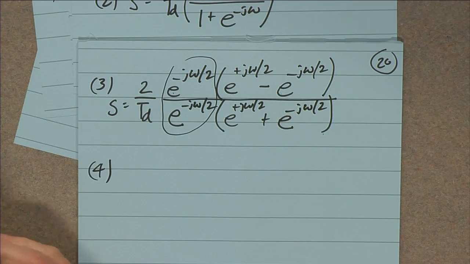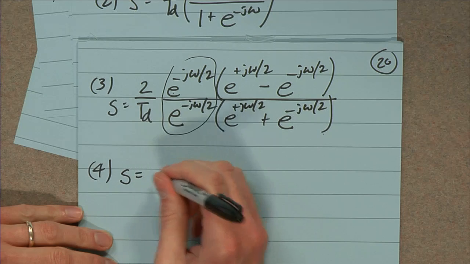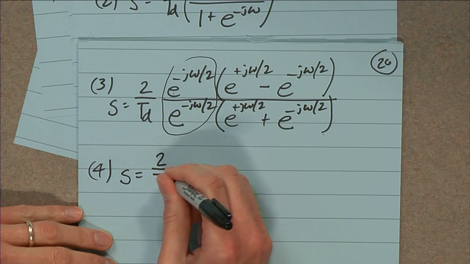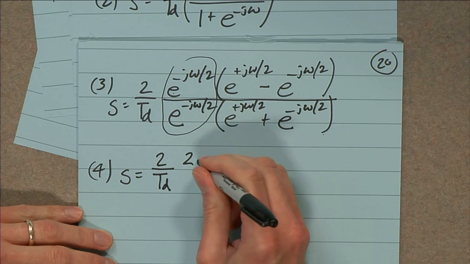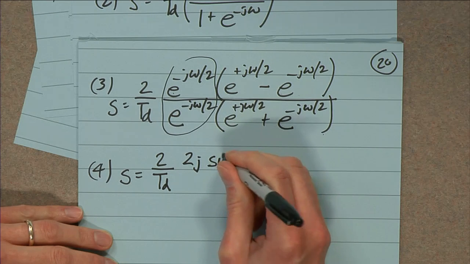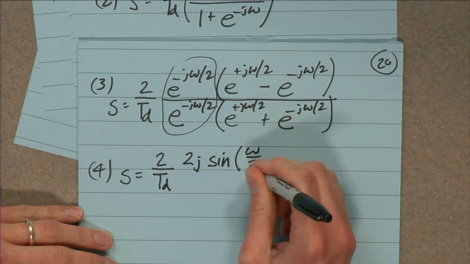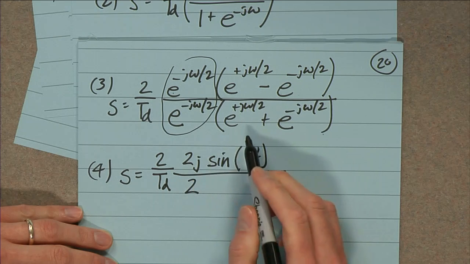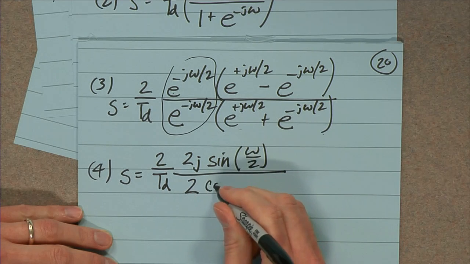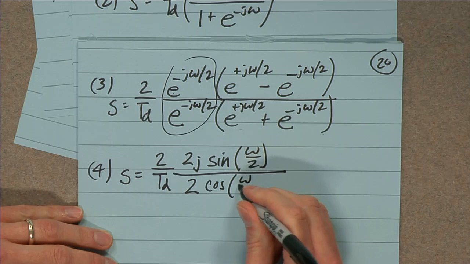2j sine. So we've got 2 over td times, what is this? Well, that's just 2 times j times the sine of omega over 2. And that whole thing is divided by what? 2. And this expression is just cosine, right? Omega over 2.